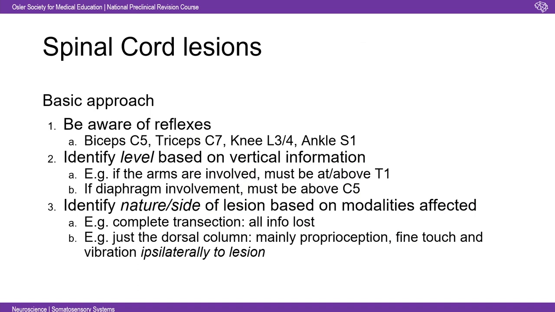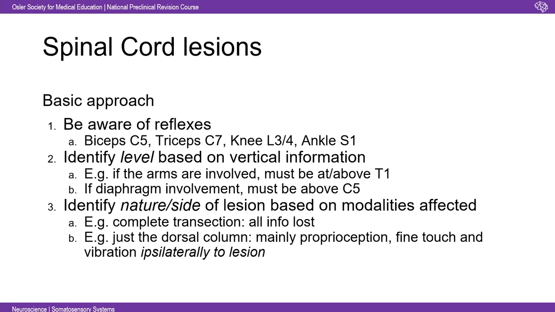So the final major section of this is we'll also talk about the brain, but we're going to talk about how lesions manifest in the spinal cord. So hopefully from the neuroanatomy we've revised, you'll be able to tell me, or at least we'll go through together some of these examples of spinal cord lesions.